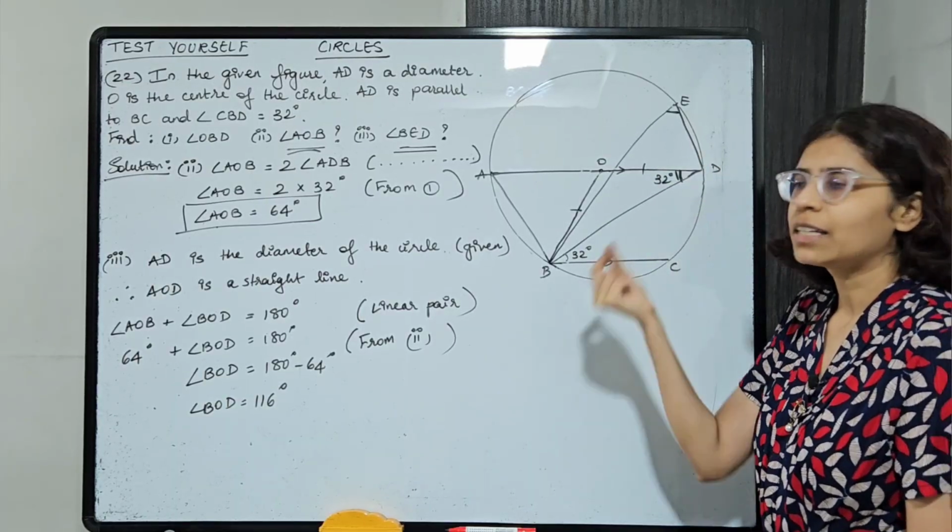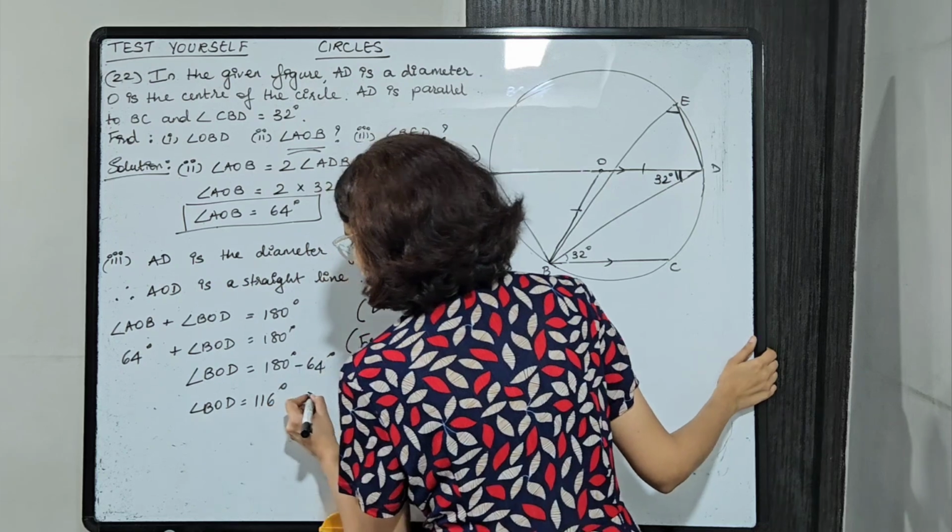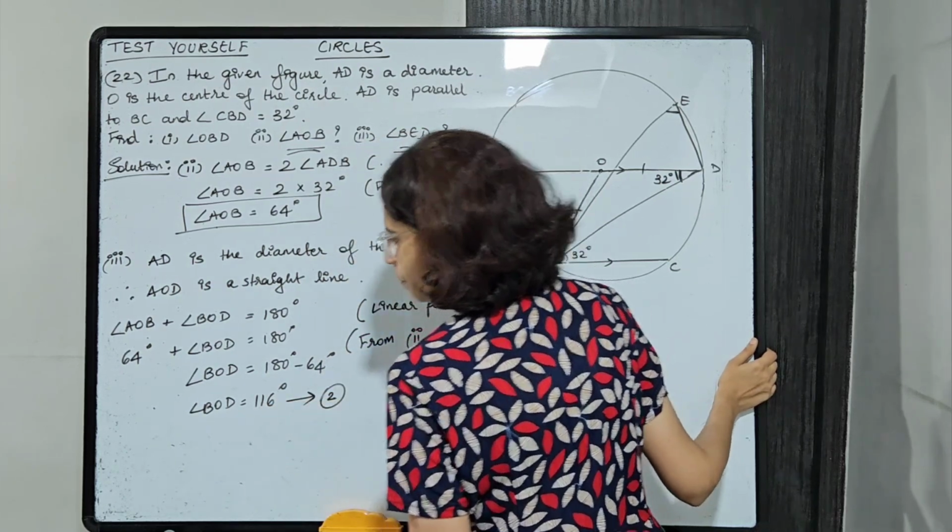BOD is twice angle BED. So mark this as 2.